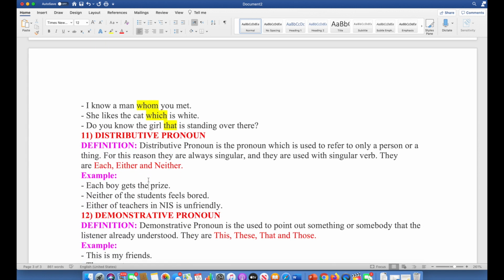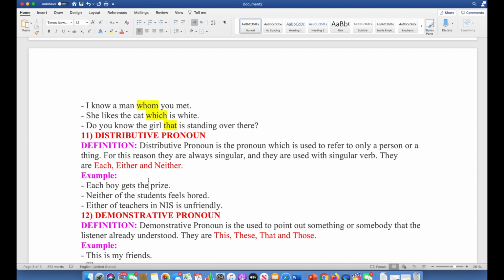Next is distributive pronouns, and these are the pronouns which are used to refer to only a person or a thing. For this reason, they are always singular and they are always used with a singular verb. They are each, either, and neither. They don't refer to an animal.